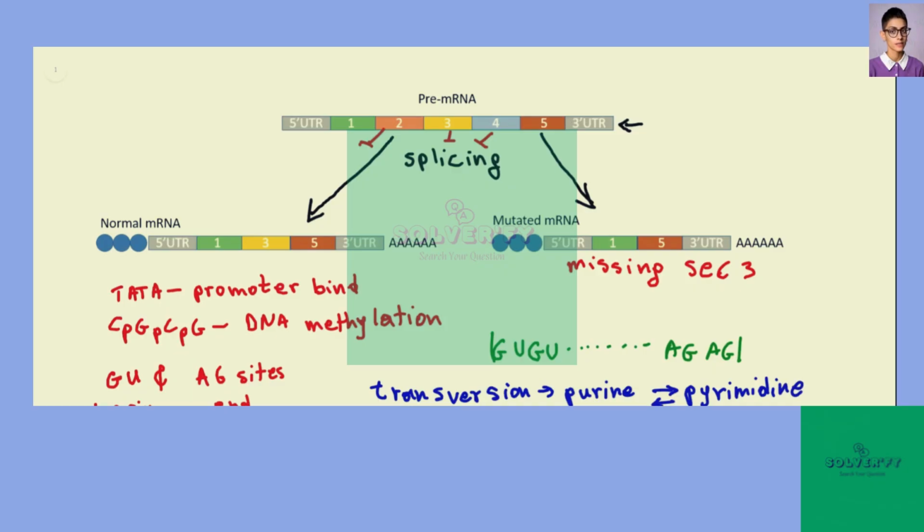So basically, when you change the type of nucleotide base in the DNA sequence, it's called a transversion mutation. Now, this answer is also not wrong, but there's a level of specificity included in there that is not warranted. A mutation in this GU-AG site doesn't have to be a transversion mutation in order for it to make it dysfunctional. So A is a more complete answer.